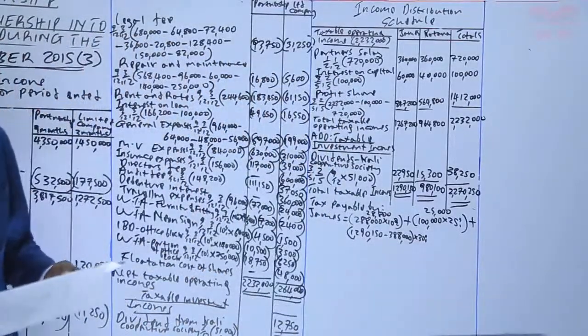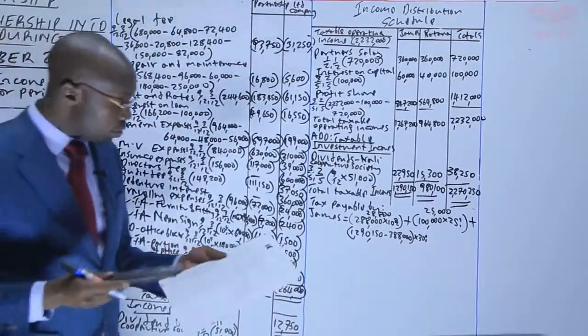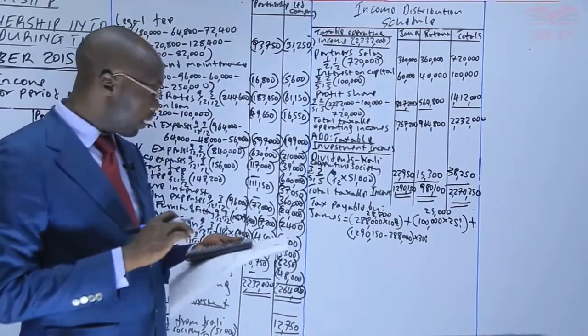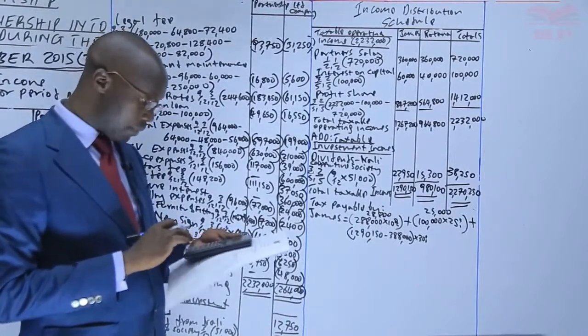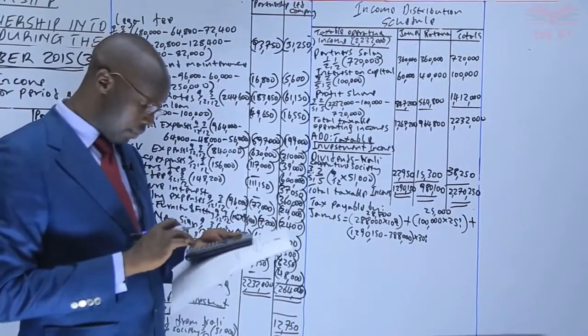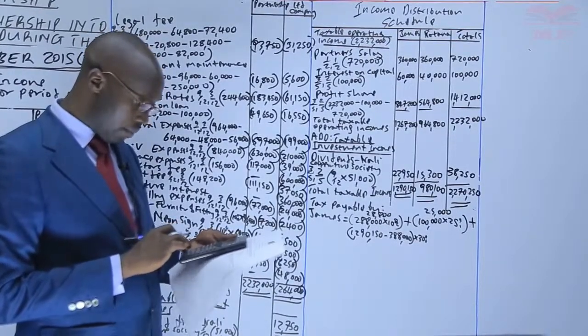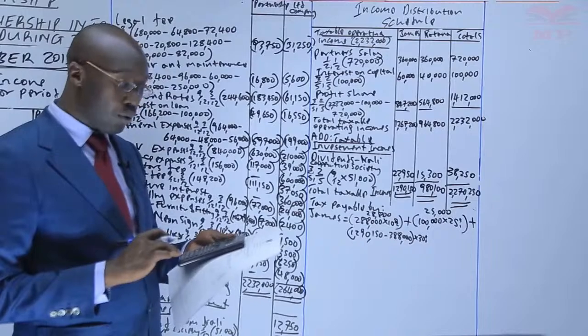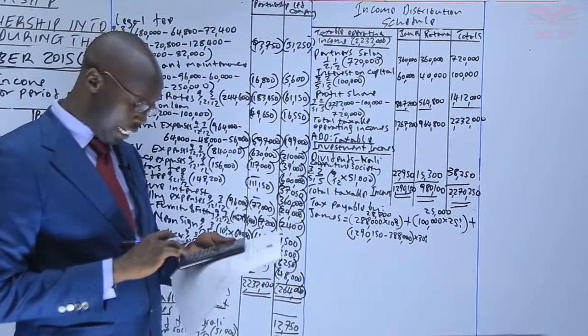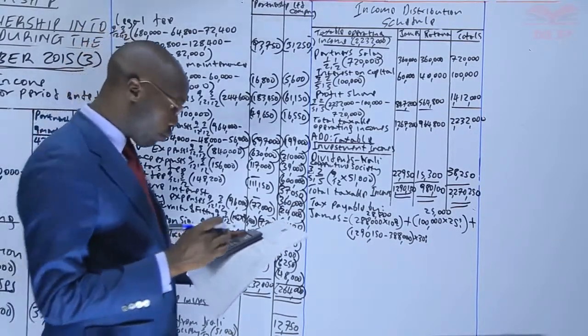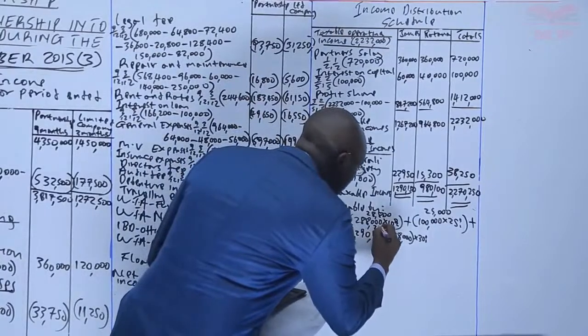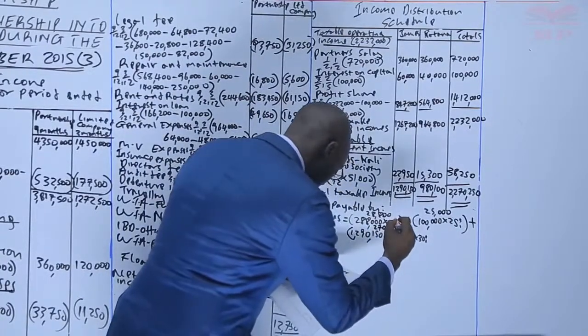We compute that: 1,290,150 minus 388,000 gives you 902,150. So we tax at the rate of 30%. That gives you 270,645.